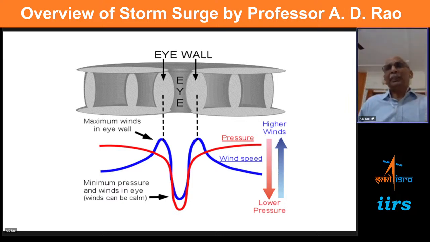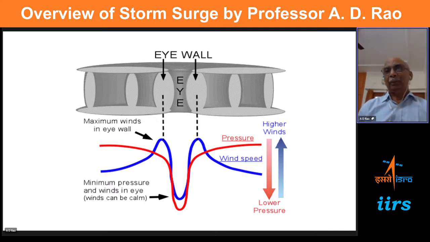The pressure drop depends upon the intensity of the cyclone. Anything more than a 17 millibar pressure drop, you call a cyclone. If it is more than that, you call it a severe cyclone. So the category of the cyclone is named according to how much pressure drop there is. What you have to understand is that the intensity of the cyclone is mostly determined by the amount of pressure drop.